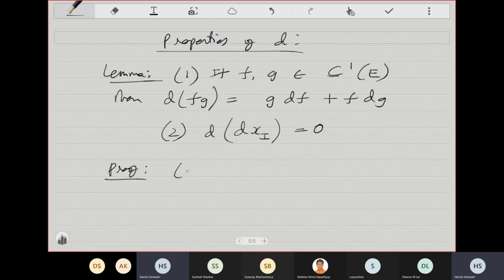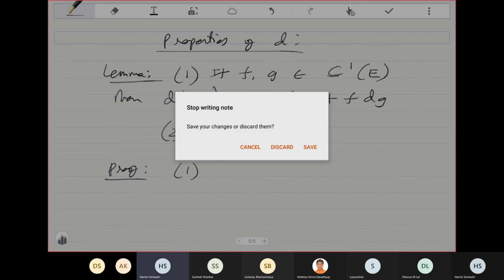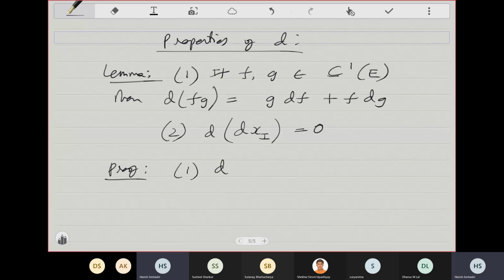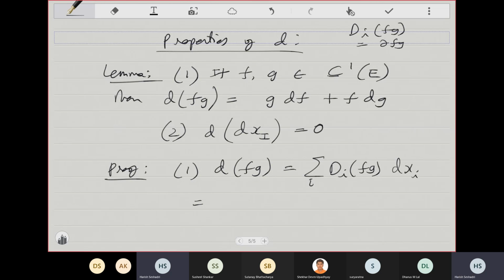Well, as for 1, d of fg is by definition the summation of di of fg times dxi, summation over i. Now these partial derivatives di of fg, this is just the ith partial derivative. This of course satisfies the Leibniz rule.